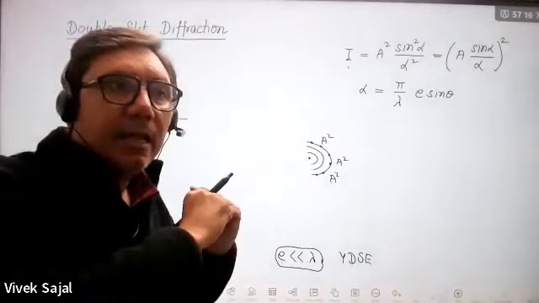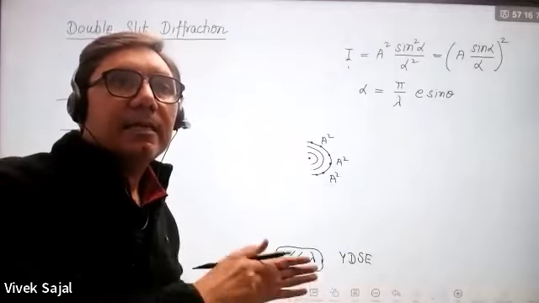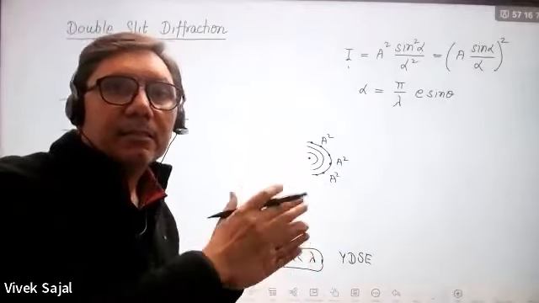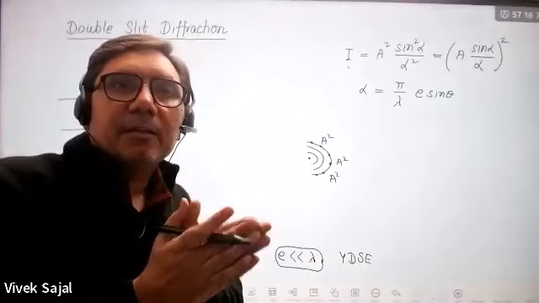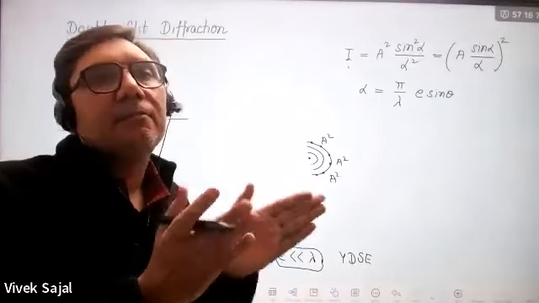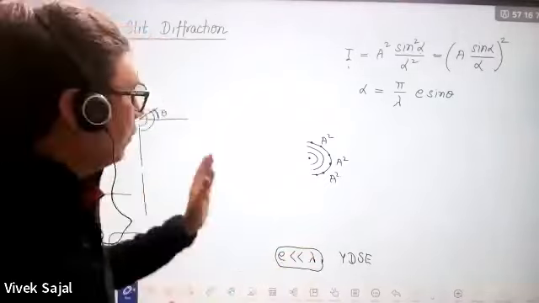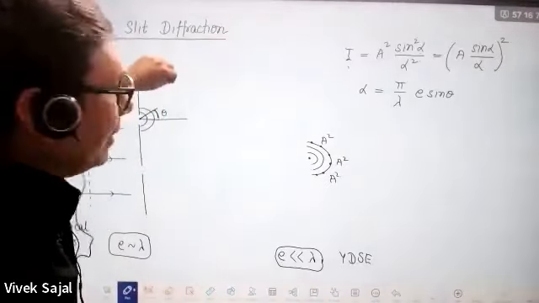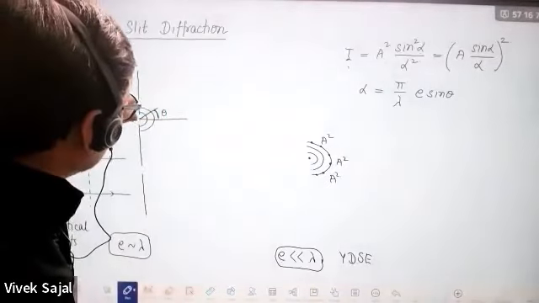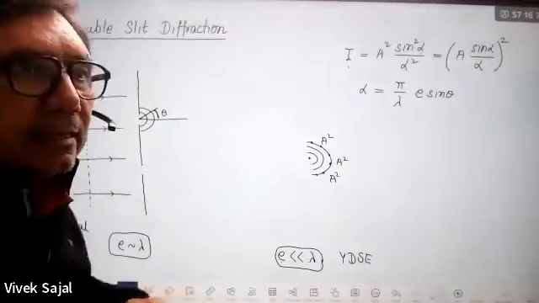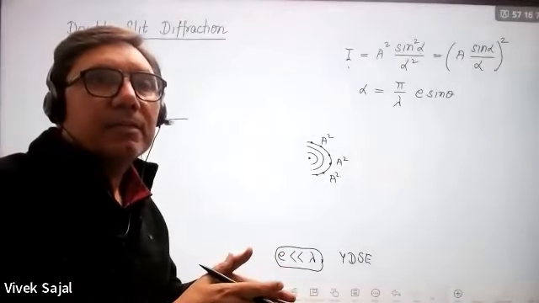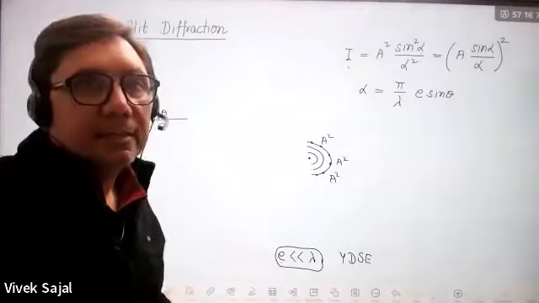As they overlap with each other, different intensity will emerge in different directions, and we call this diffraction. So light traveling at different angles after diffraction from the slit will have different intensity.